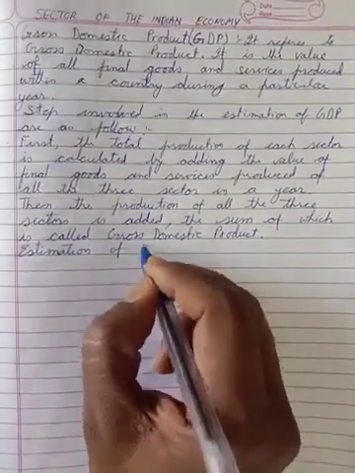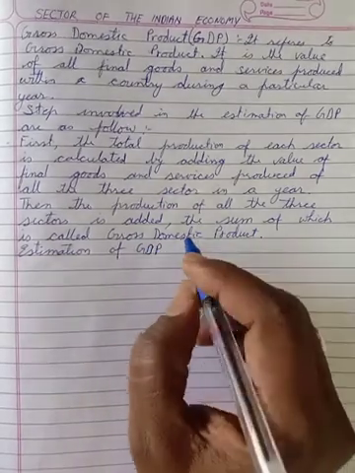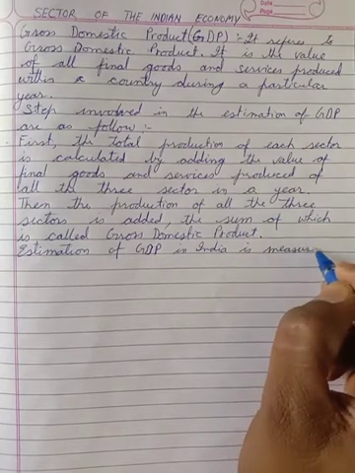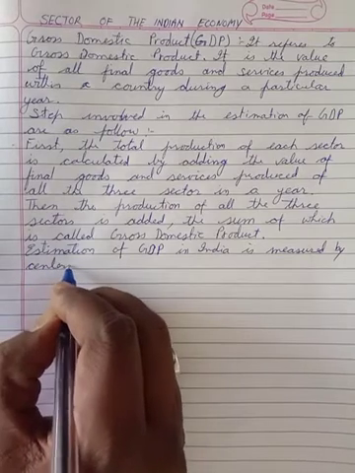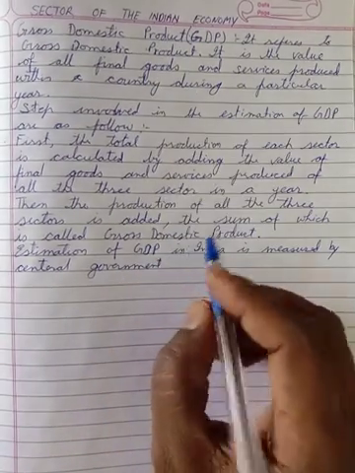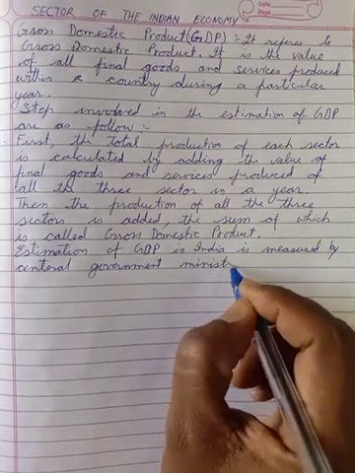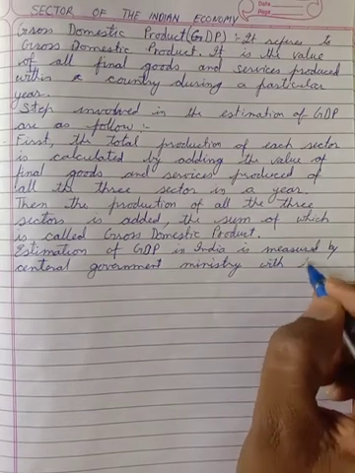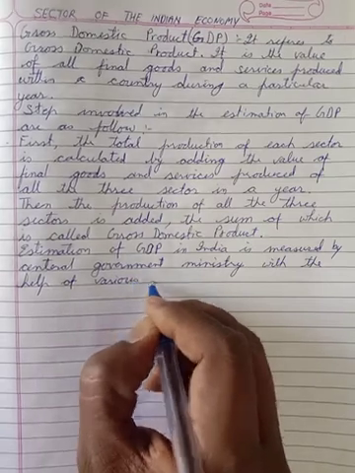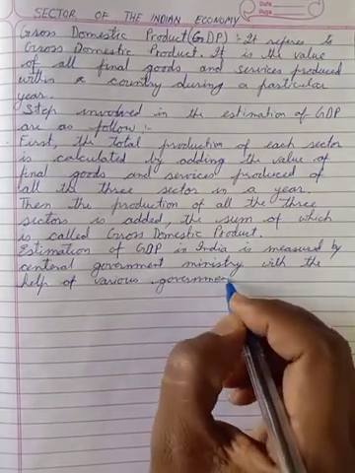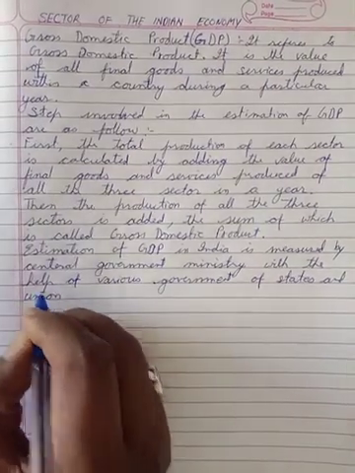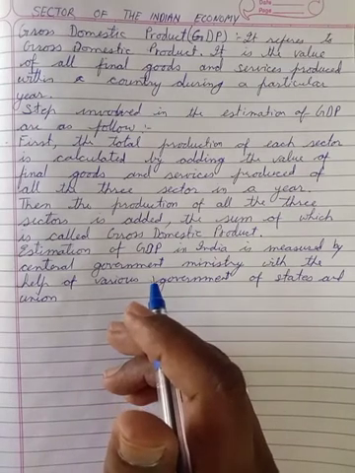Estimation of gross domestic product, GDP, in India is measured by the central government ministry with the help of various governments of states and union territories.